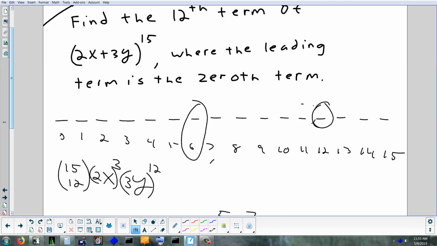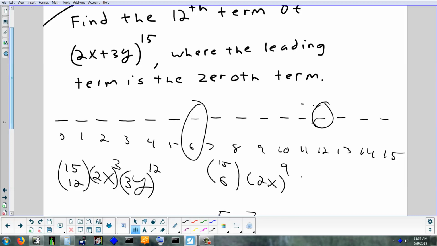And how would you write the notation for what you're looking for here, if you wanted to know the binomial coefficient? It would be 15. It's always 15 in this problem. 15 choose 6. 2x to the what power? 9, yep.